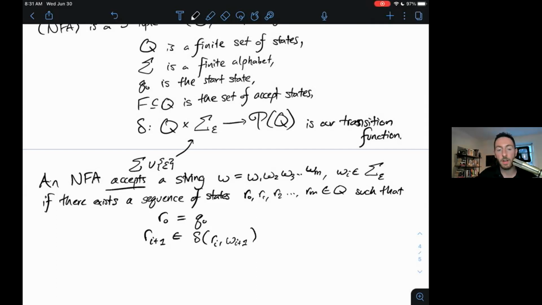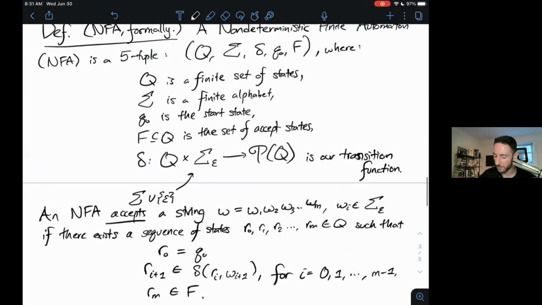And note that I'm writing the inclusion sign there because delta of ri, wi plus 1 is actually defining a set. So all I have to do is make sure that my next state is in the set of states that I send some branch to from ri. And this is for all the relevant i. And of course, rm should be in the set of accept states.